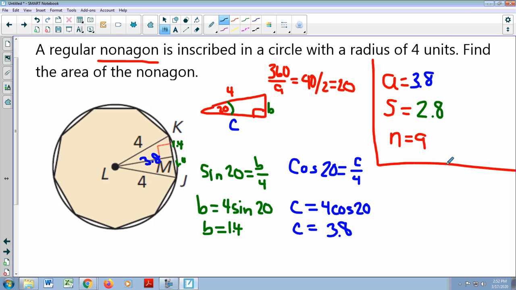So now I can work this problem out. My area is 1/2 ASN. So 1/2 times 3.8 times 2.8 times 9.